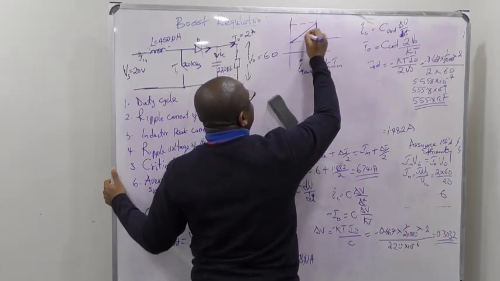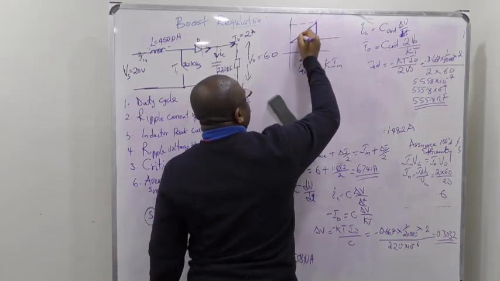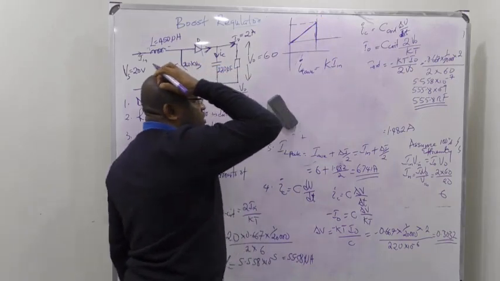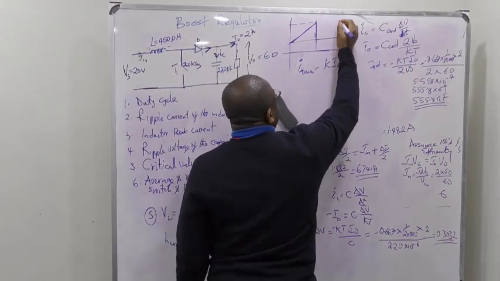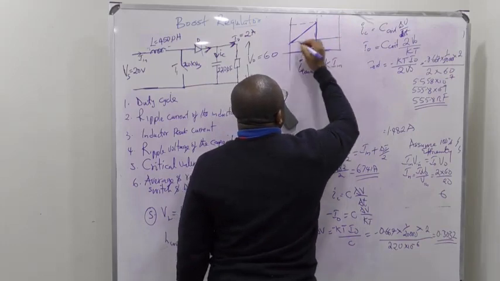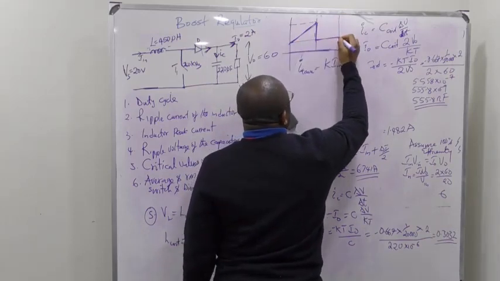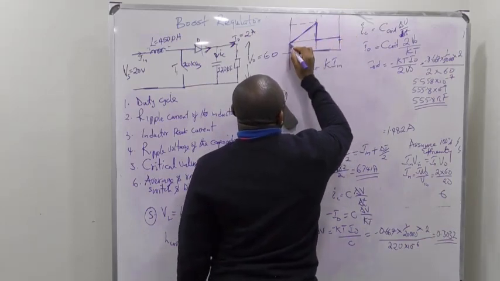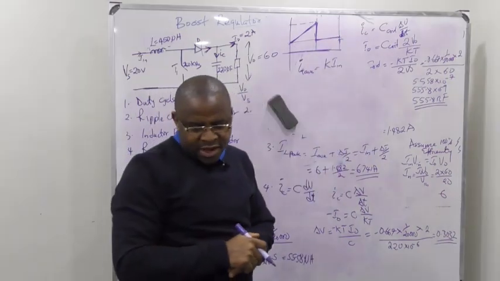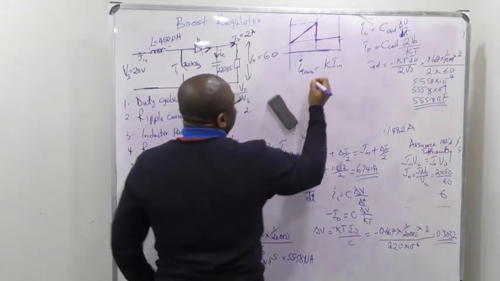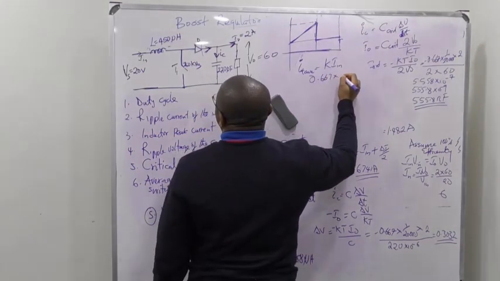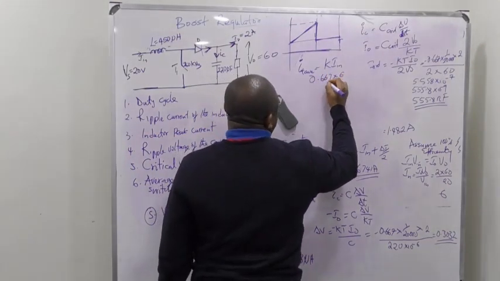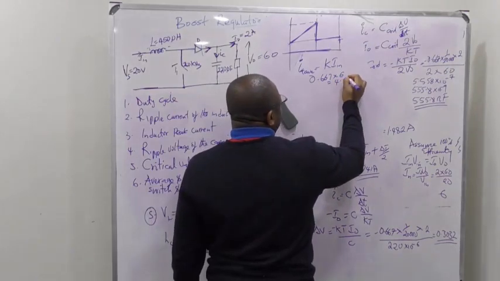If you find the average value of this signal with respect to the whole period, you must get from here to there. So I in, K is 0.667 times I in times 6, 4.002 amps.